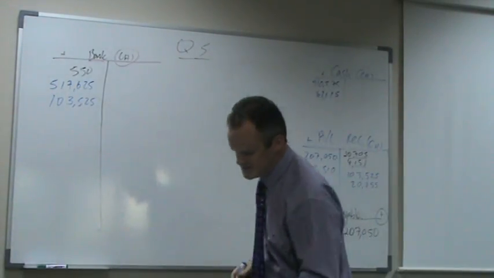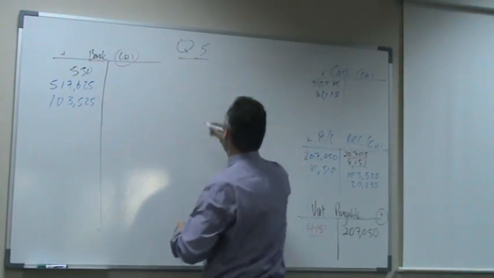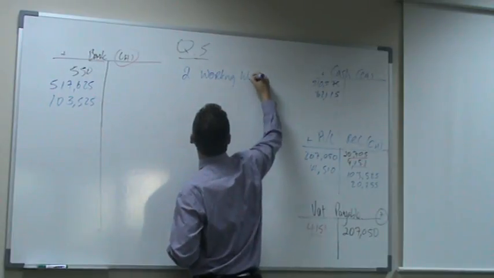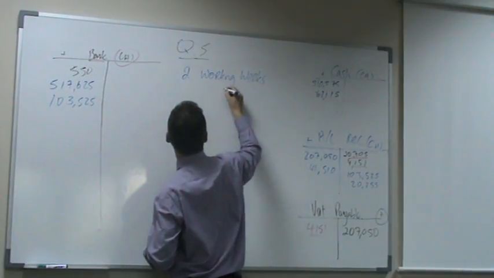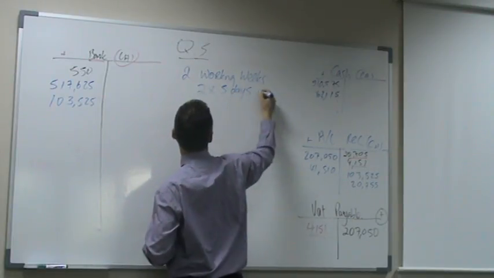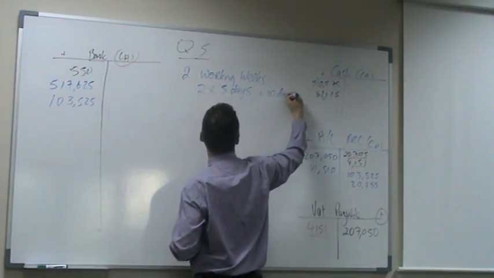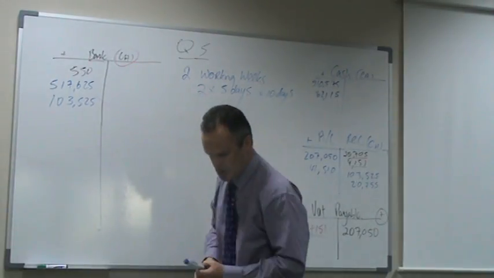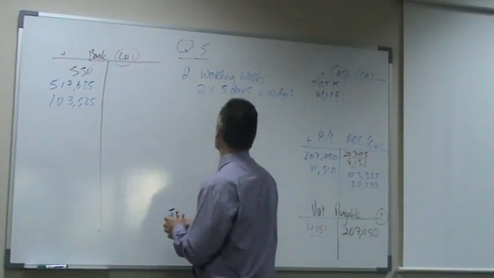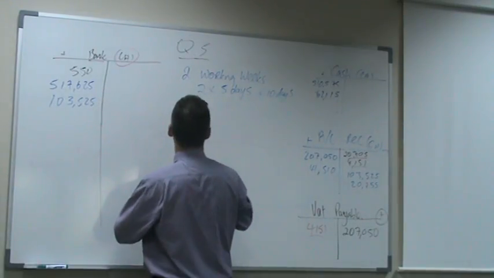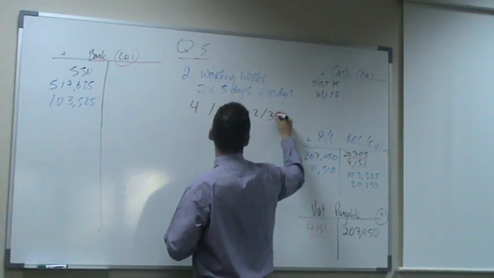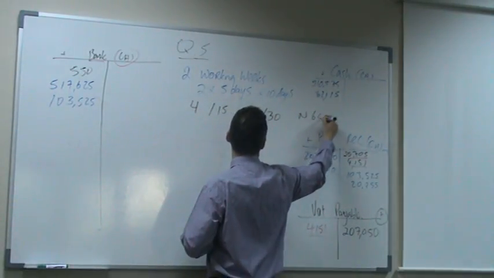But what it says here is that they were paid within 2 working weeks. A working week is 5 days. 2 by 5 days, 10 days. If you remember, the terms in which we sold them was 4/15, 2/30, net 60.